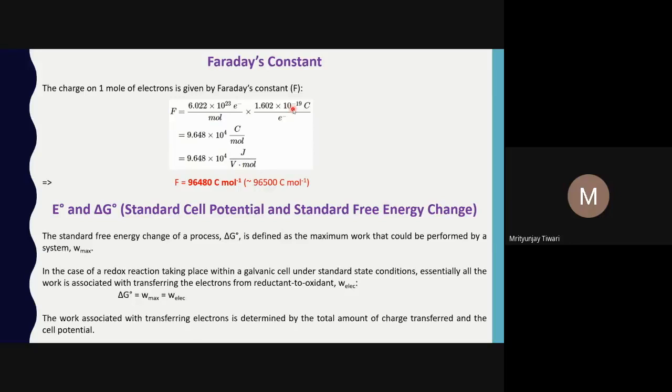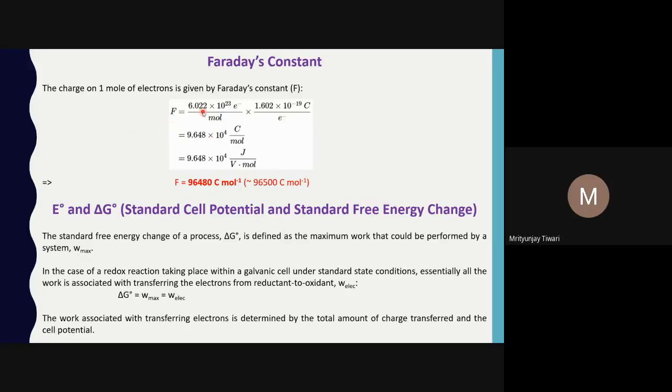1 electron has a charge equal to 1.602 into 10 to the power minus 19 Coulomb, and this charge is per electron. We should usually write a minus sign before this, because the charge on an electron is negative, but we are not showing it because we are considering only the magnitude, only the amount of charge, not its sign.